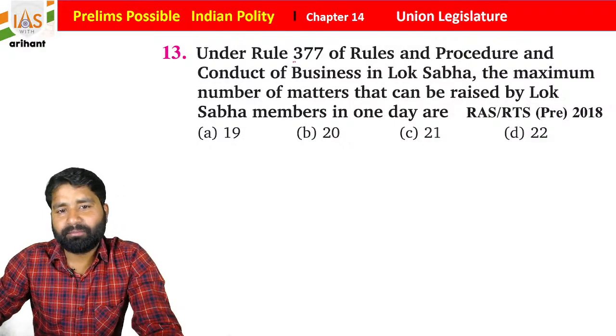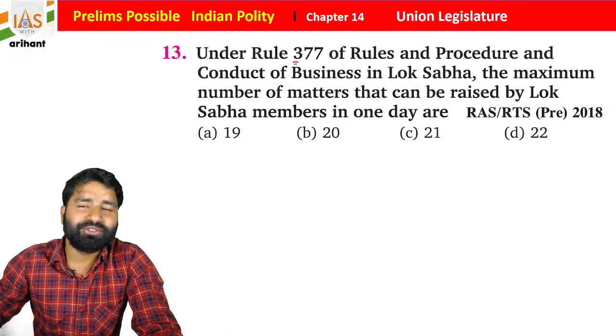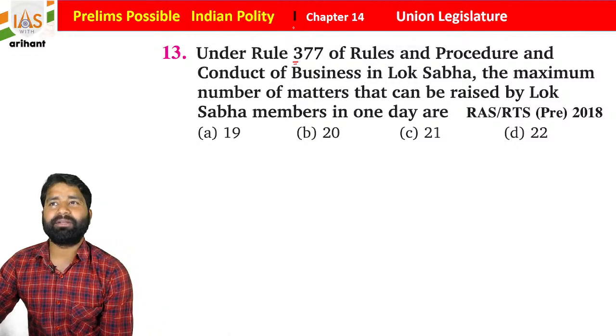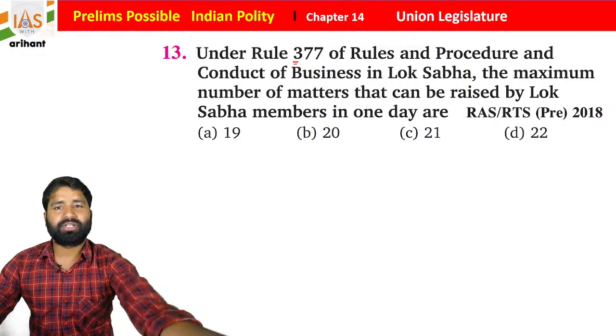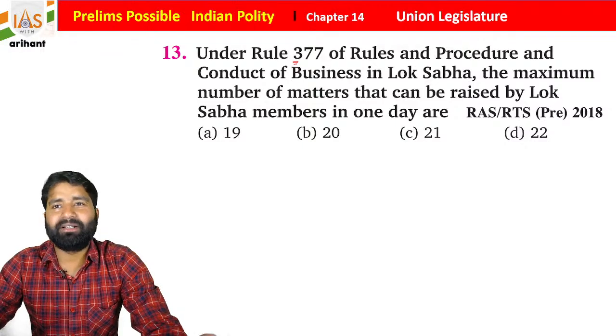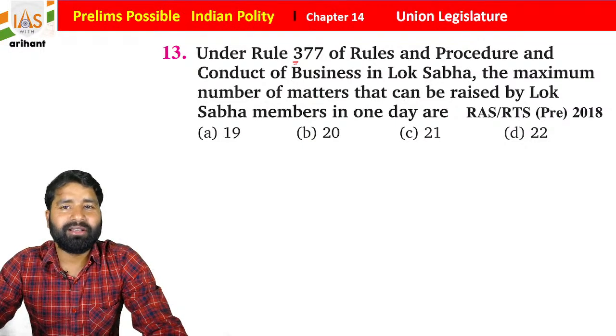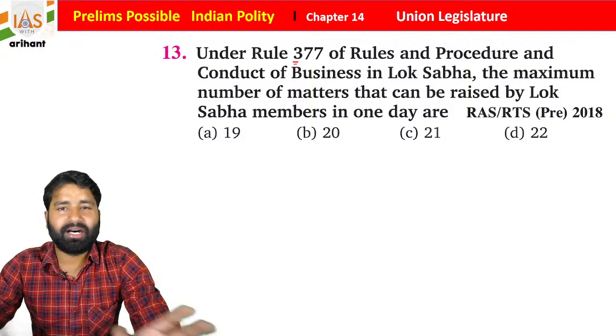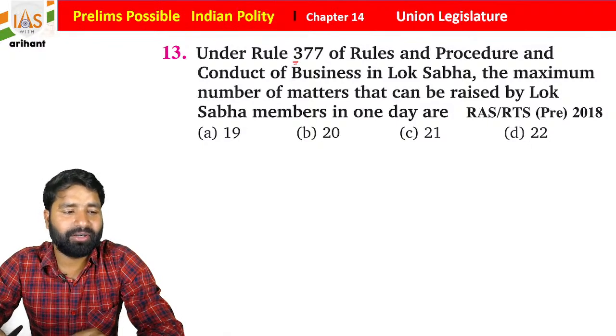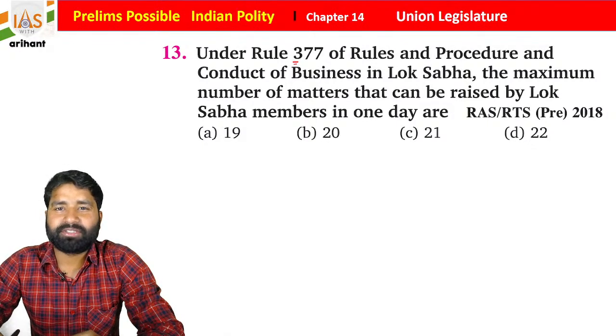Now there's Rule number 377, and this was used multiple times whenever you see the Lok Sabha channel, but now it is removed. Lok Sabha and Rajya Sabha channels are merged together, and now they are combinedly called Sansad TV.